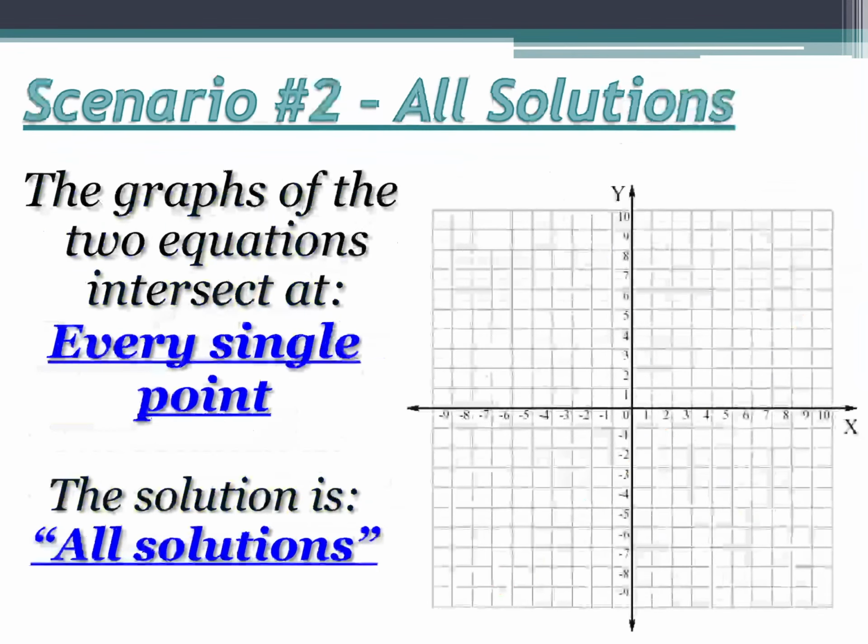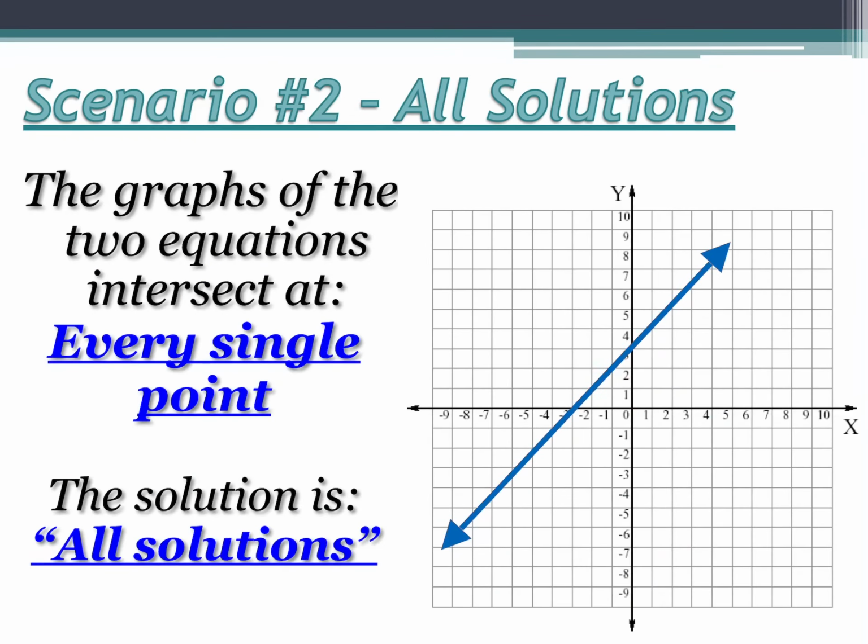Scenario number 2, you could have all solutions. We've seen all solutions when we've solved various types of equations and inequalities. I would graph my 2 equations on the same coordinate plane. The red line would be my first equation and the blue line is my second equation.